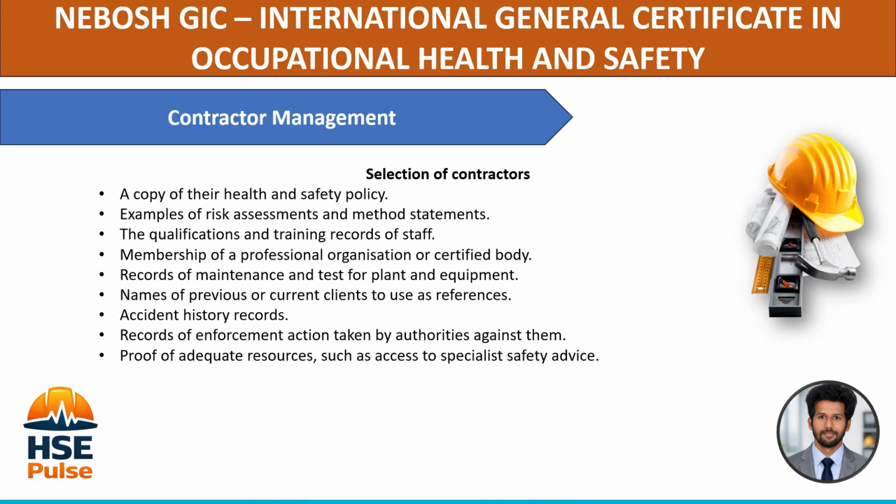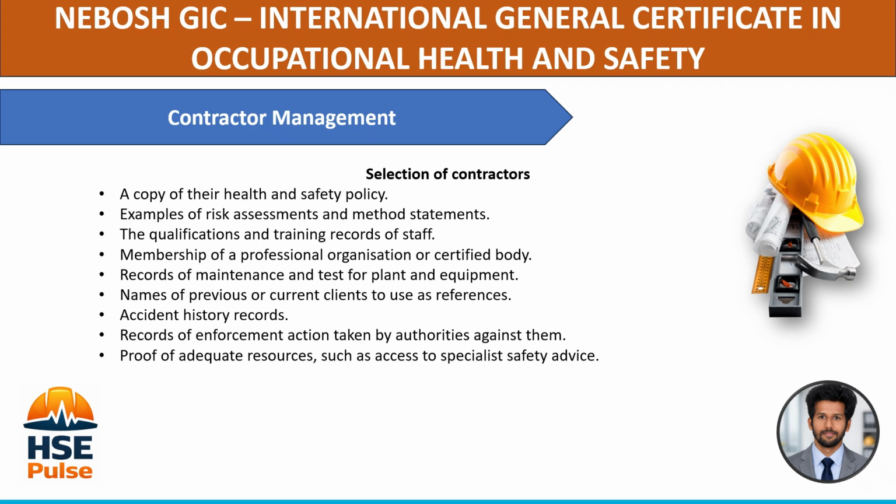Selection of contractors. Before selecting the contractors, we need to ensure in terms of health and safety whether they are competent enough to carry out the work safely. So the following are the parameters through which we can judge whether the contractor is competent or not.